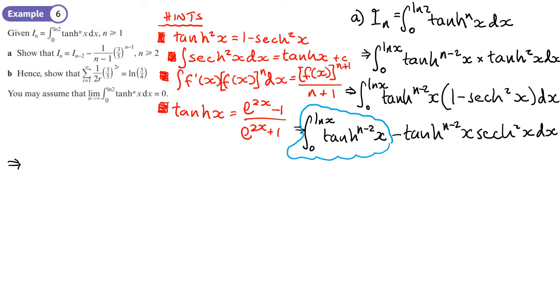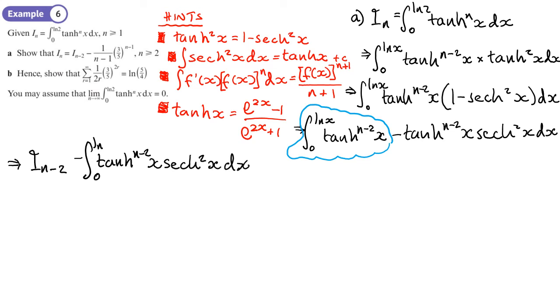So now the question becomes I sub n minus 2, that's the first integral, minus this integral, and that is the tan n minus 2x times by sec squared x.